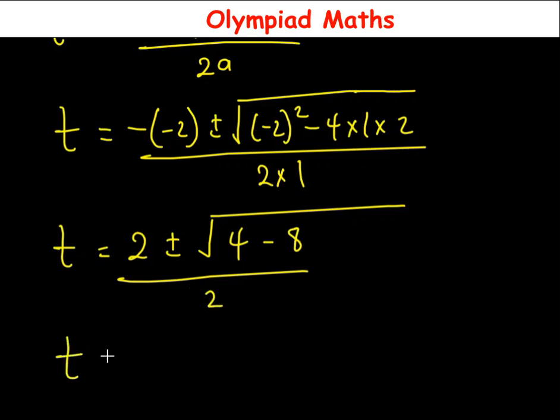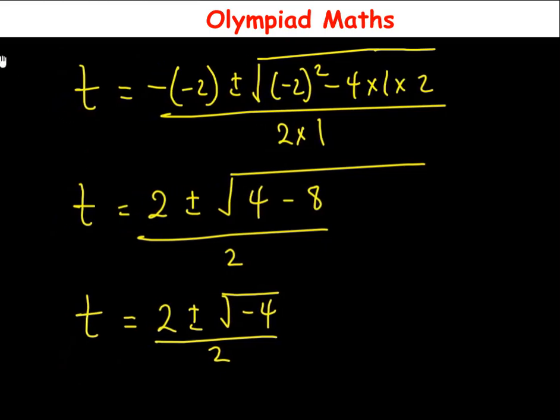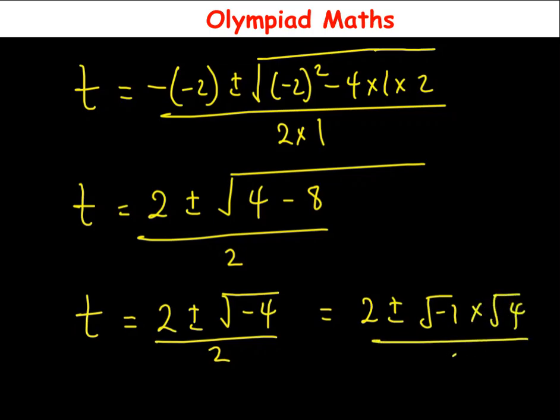The value of t is then equal to 2 plus or minus square root of 4 minus 8 is minus 4, then all over 2. So from here, we can write the value of t to be equal to 2 plus or minus, we can write down root minus 4 as root minus 1 times root 4, then all over 2.